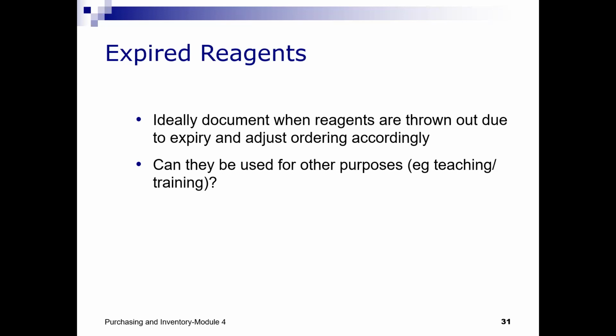We should reduce the amount we're ordering or adjust it based on seasonal trends or something. But you can get a little creative in terms of what to do with expired reagents. You shouldn't be using them clinically, but you could use them for non-clinical purposes. So maybe if they're still sort of functional, you could use them for teaching or training purposes, so that you don't waste them altogether.